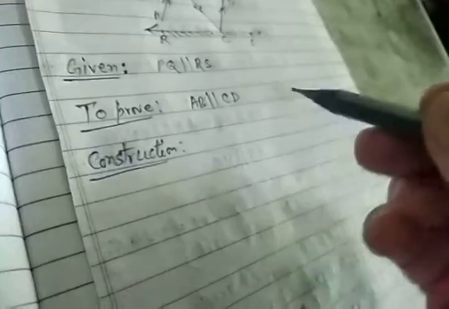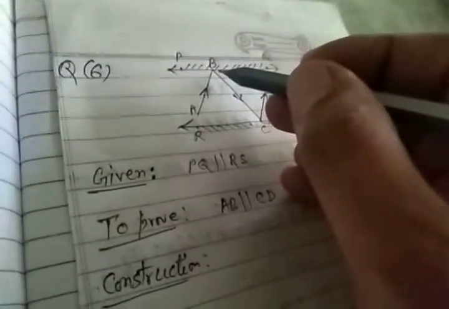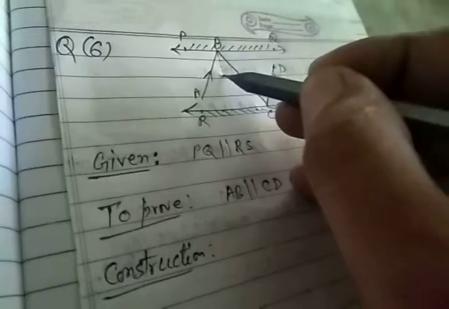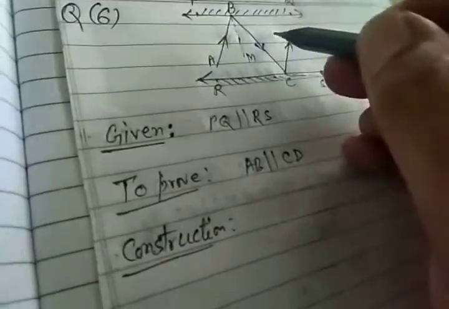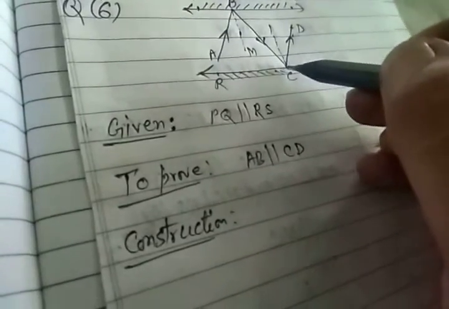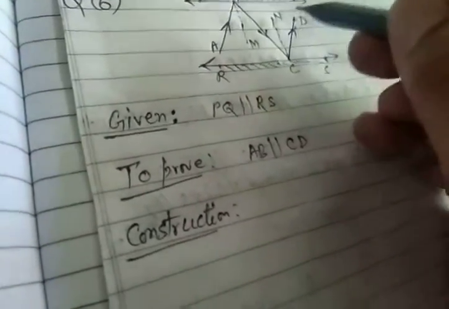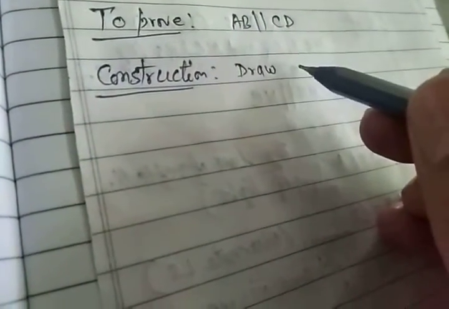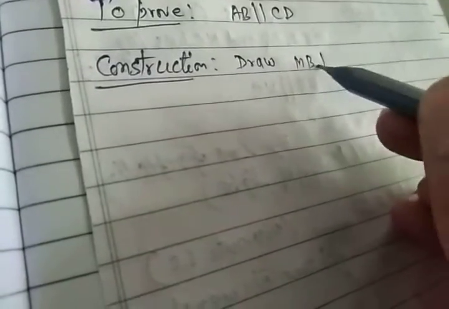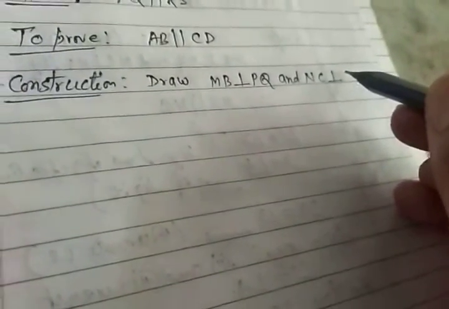We will draw a perpendicular to PQ. This is BM, and also draw a perpendicular from point C. This will be CN. So draw perpendicular MB to PQ and NC to RS.